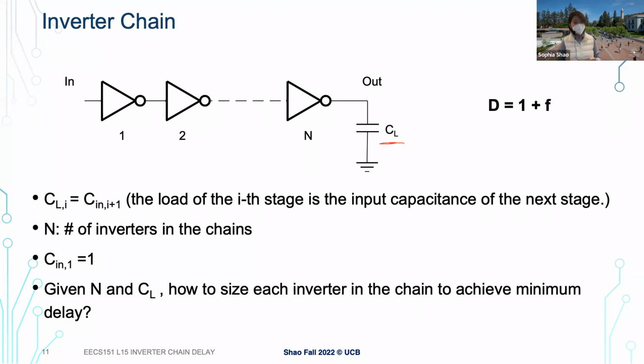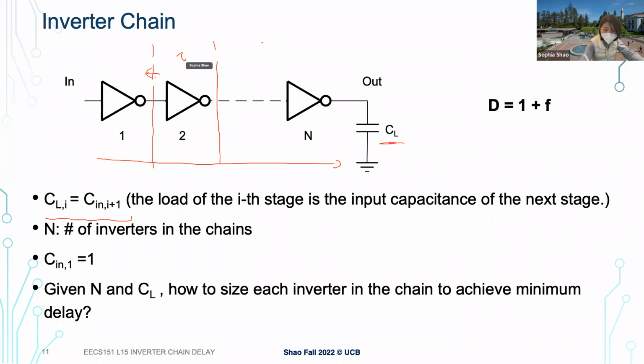Some terminology you will see when you do circuit analysis. We have a chain of inverters, and each inverter of the next stage is really the load of the previous stage. Let's say this is stage i, and this is stage i plus 1. The stage i is driving the next stage, and what it's actually driving is the input capacitance. So far, before, we were mostly talking about parasitic capacitance and the load capacitance.